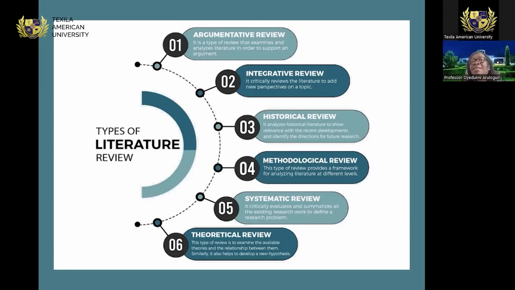It can be an integrative review, a historical review, a methodological review, a systematic review, or a theoretical review. Whichever one you adopt will depend on what your research topic and research objectives are, because your research objectives guide what to look for in literature.